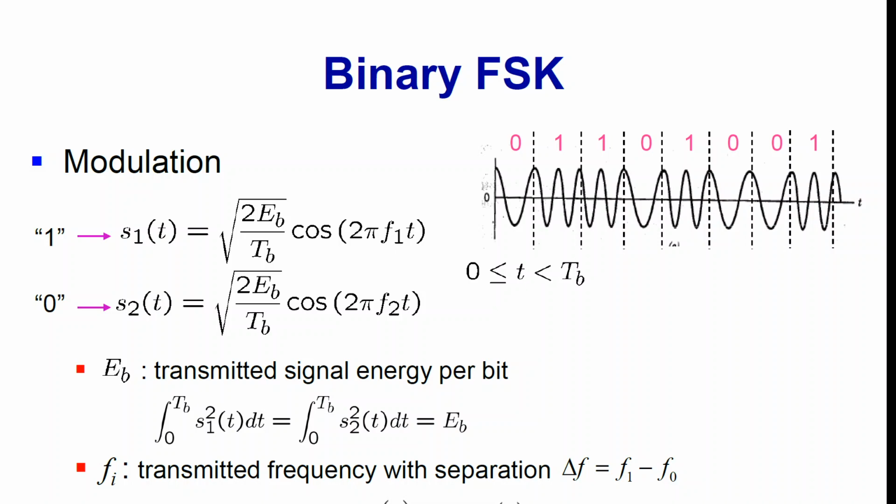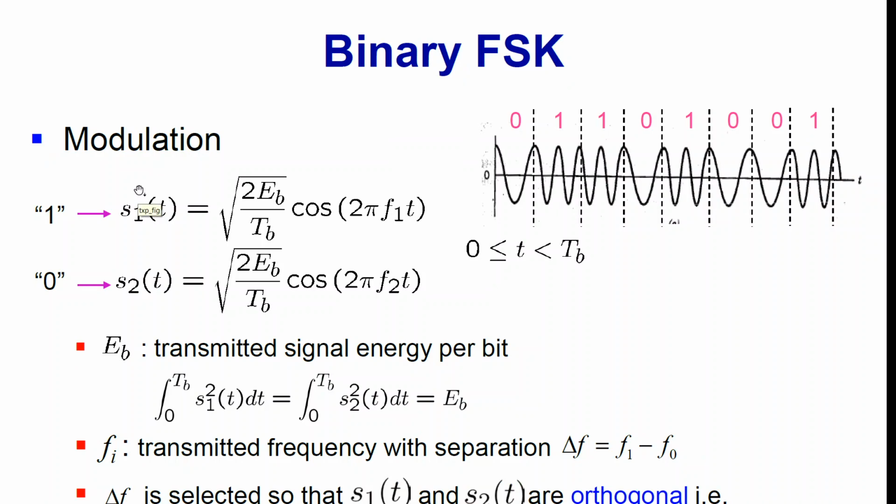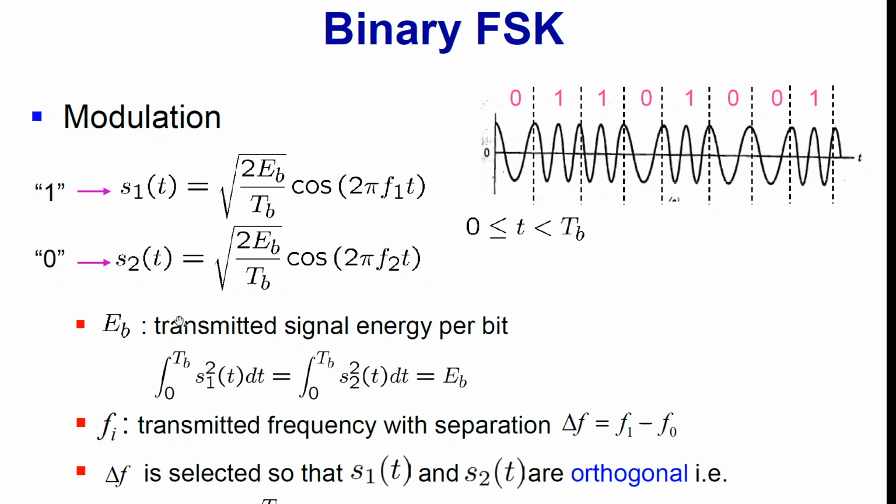So EB is the transmitted signal energy per bit. So in the interval 0 to TB, the integral of S1 square of t, that is the energy per bit, is EB. Then the frequency separation delta F is F1 minus F2. Now this separation is selected in such a way that S1 of t and S2 of t are orthogonal.